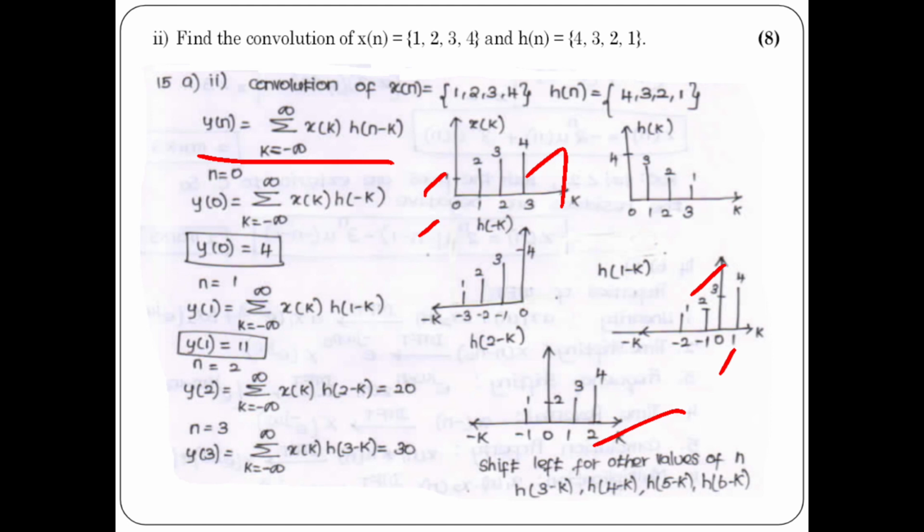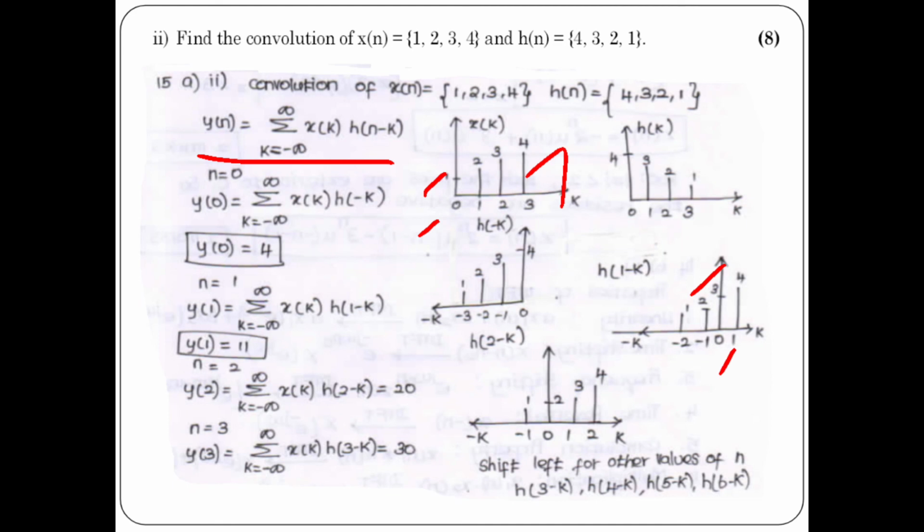So at 0 you have 2, here 1, so 2 plus, in the place of 1 you have 2, here 3, so 2 into 3 is 6, plus, in the place of 2 you have 4, here 3, so 4 threes are 12. So what is the answer? 2 plus 6 is 8, 8 plus 12, you have 20 as the answer. So y of 2 is equal to 20.